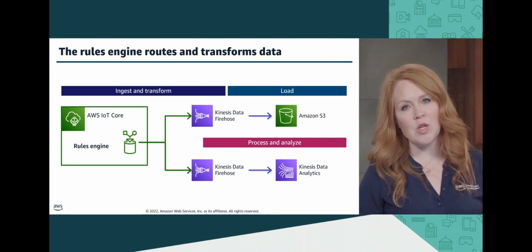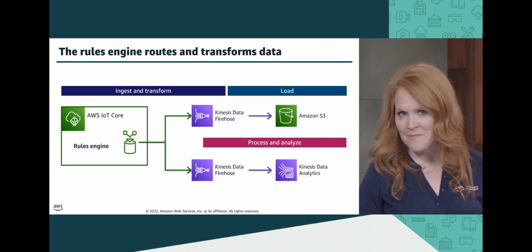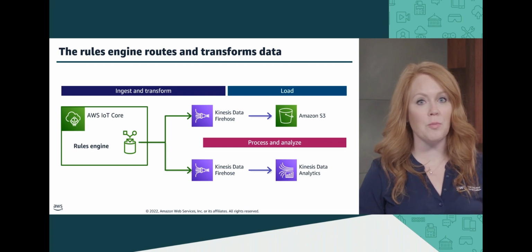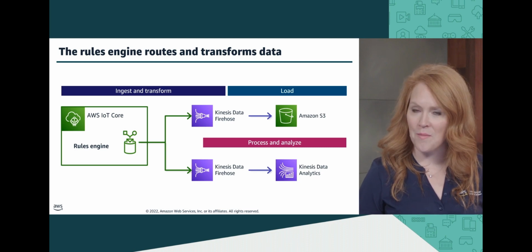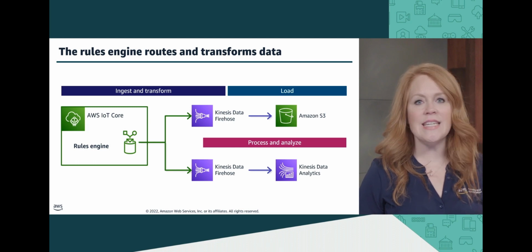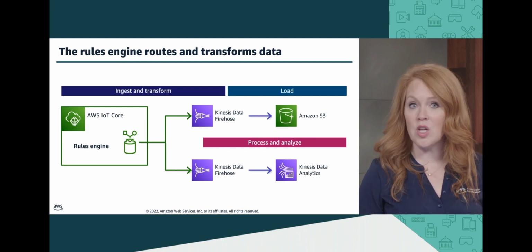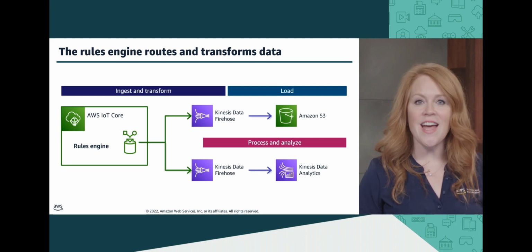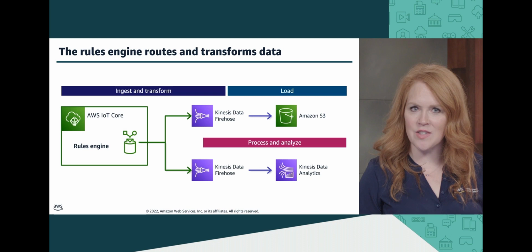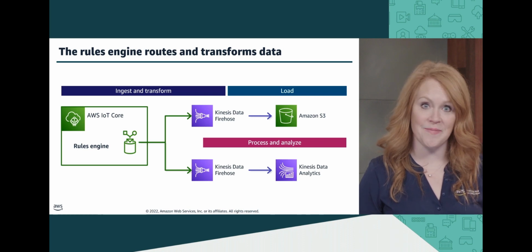Using the terminology that you learned earlier about streams, AWS IoT Core is the producer and Amazon S3 is the consumer. Similarly, for real-time analysis, Kinesis Data Analytics could be a consumer of a Kinesis Data Firehose delivery stream and could perform real-time analytics to feed real-time dashboards.